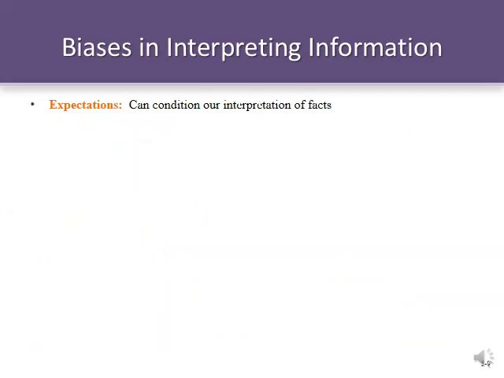So let's give now some examples of specific types of biases. Some of these are reflected in the readings for this week, the supplemental readings for this week. One of the forms of bias is the idea of expectations, that expectations can condition our interpretation of facts.